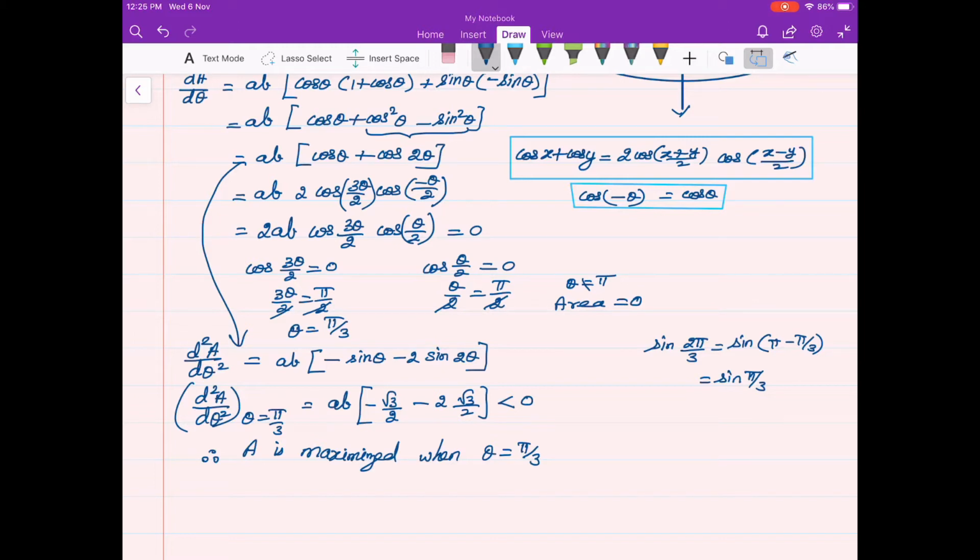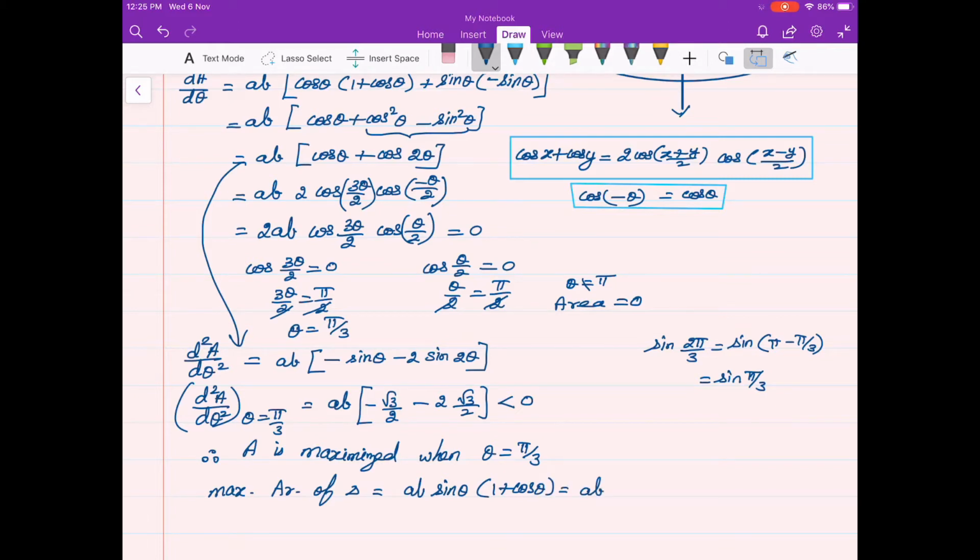And check the question, find the maximum area. Therefore, the maximum area of the triangle is equal to, area of the triangle is ab sin theta into 1 plus cos theta. Substitute theta as pi by 3.